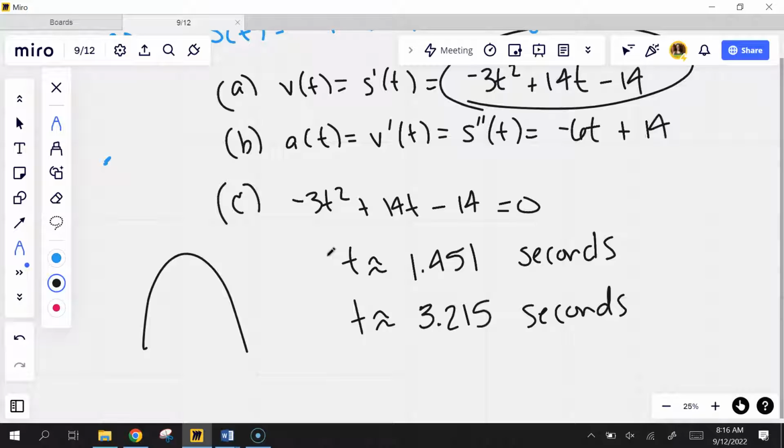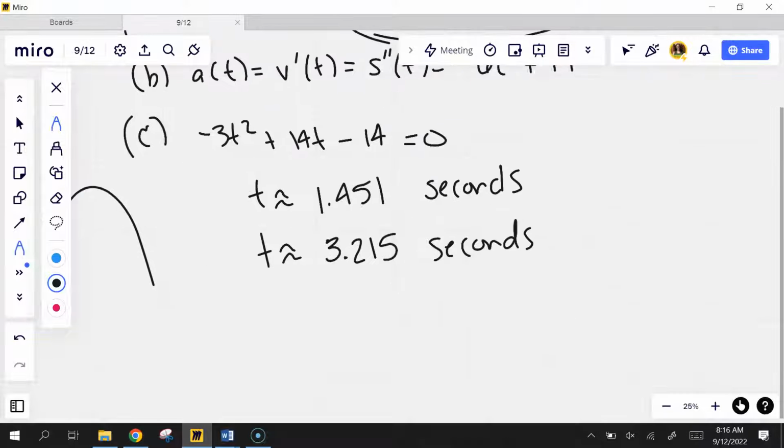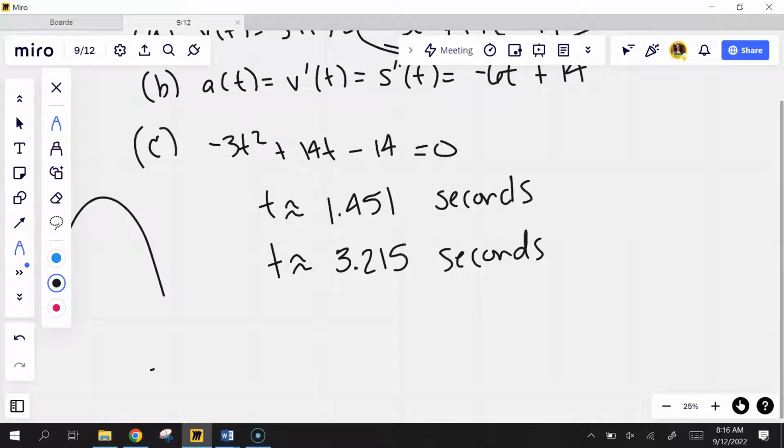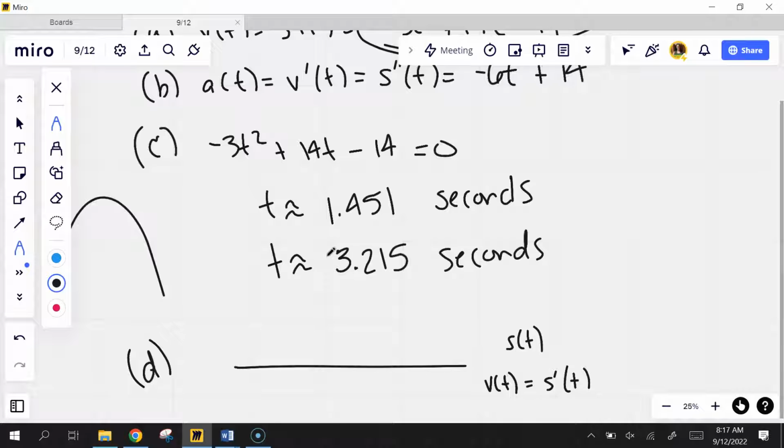So we're going to need to do a little sign analysis here to see exactly what's going on. This is my velocity, which is the derivative of position, and up top I'm going to do my position so I can tell what exactly is going on.